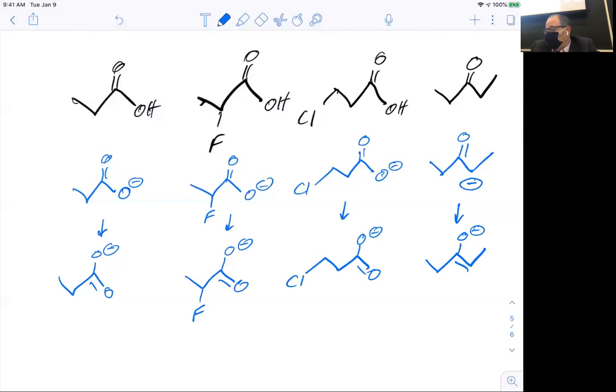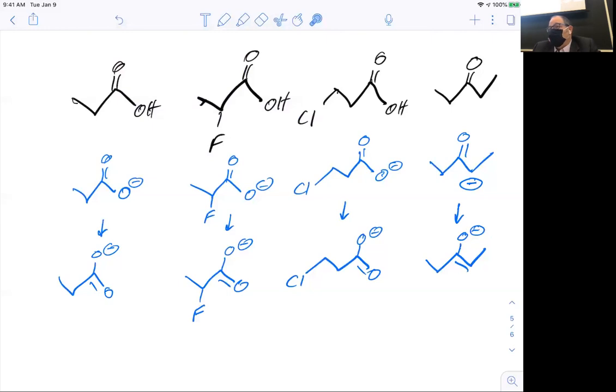Okay, so if we look at these, looking at the top row, we have oxygen negative, oxygen negative, oxygen negative, and carbon negative. If we look at the bottom row, we have oxygen negative, oxygen negative, oxygen negative, oxygen negative. So sometimes when we're looking at the atom, the carbon negative, we should also think about its resonance, right?